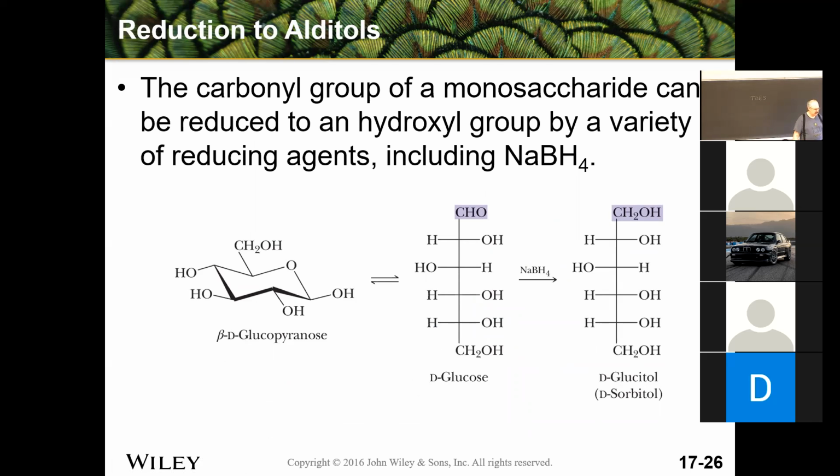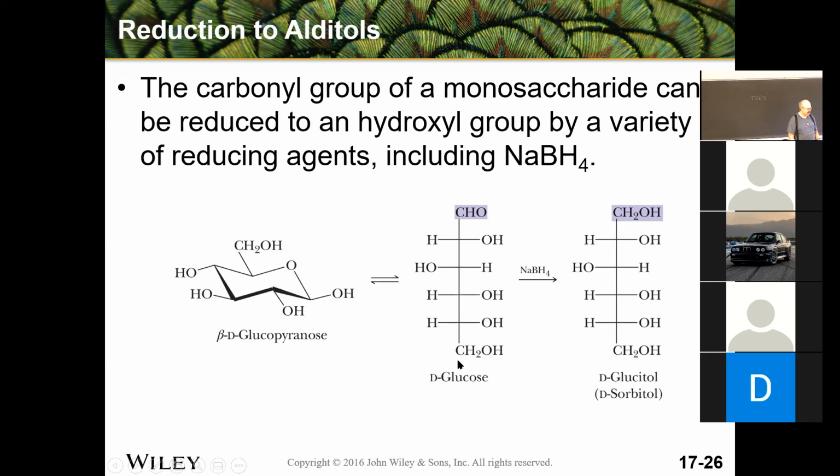Okay, next we'll look at some of the reactions of monosaccharides. One of them is reduction. Since these are, after all, aldehydes and ketones, they can be reduced with reducing agents such as sodium borohydride. Sodium borohydride converts aldehydes and ketones to alcohols.